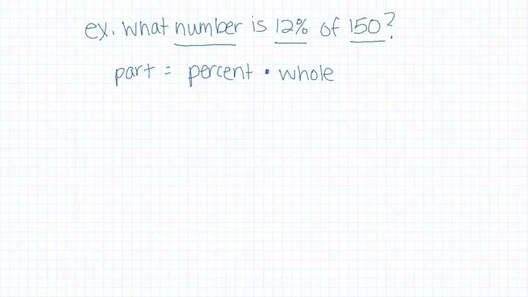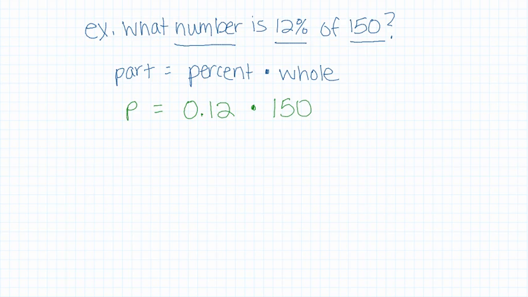Okie dokie, so let's get going. Our part is what we're looking for, so we're going to give it a variable. Let's say P for part, and that equals the percent, which is 12%, as a decimal or a fraction. I'm going to turn it into a decimal for my liking. So we have 0.12, and we're going to multiply that by our whole, which is 150.